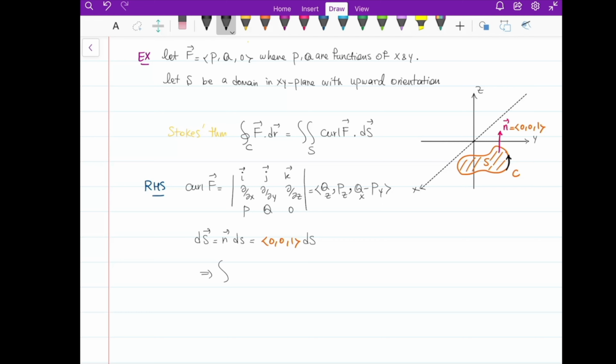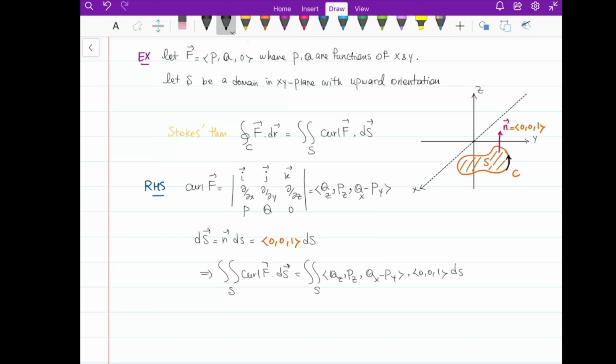And so the double integral of curl of F dS over the surface S would be equal to Q with respect to z, P with respect to z, and then Qx minus Py, dot product with n, and then dS.